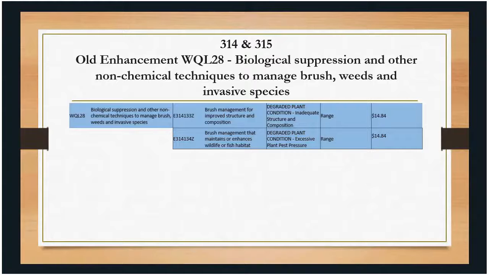One is brush management for improved structure and composition, and the other one is brush management that maintains or enhances fish and wildlife habitat. Both of them are only applicable on rangelands, and both of them pay $14.84 per acre.